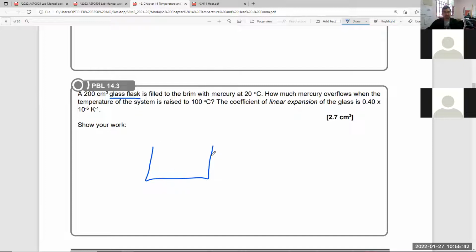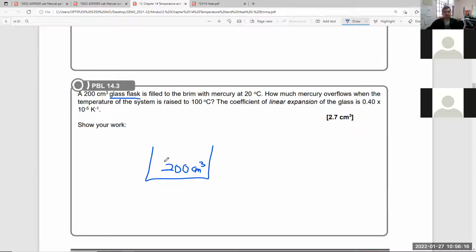It doesn't matter that I put it in this way. This is 200 centimeter cubic, a volume. As I told you, our problems usually don't worry about the unit, especially for the unit of expansion. You can remain the same, because then we can remain our final answers in the same unit.